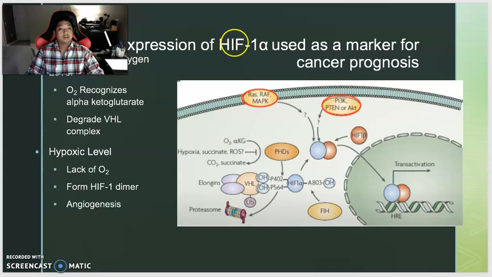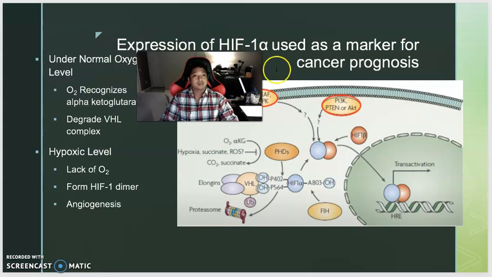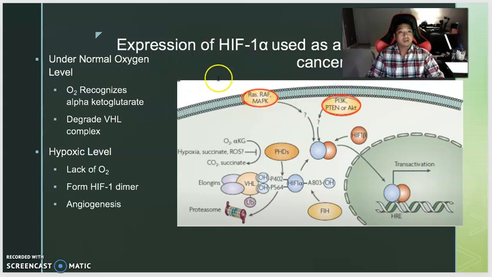So HIF1 alpha is expressed when there are low oxygen levels. You could use it as a cancer marker for cancer prognosis. Under normal oxygen levels, where there's an adequate amount of oxygen, we'll recognize alpha ketoglutarate, which can be found on the prolyl hydroxylase enzyme here.